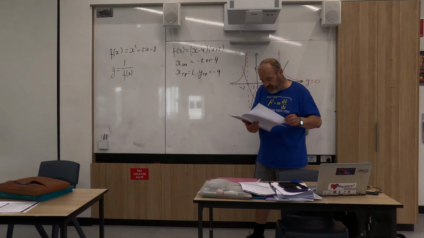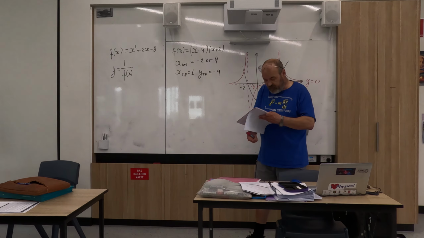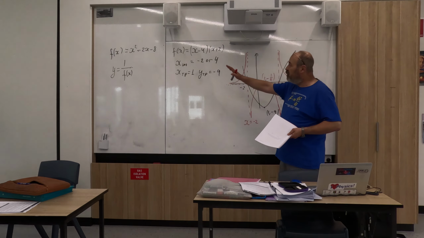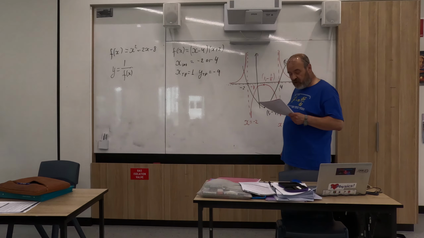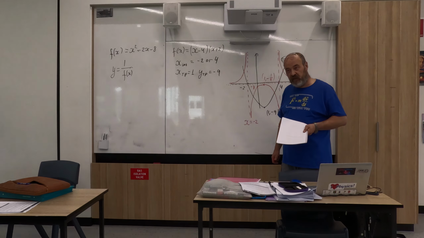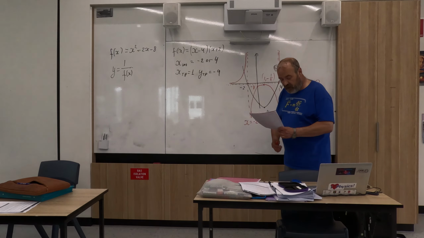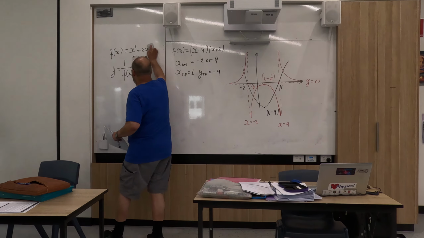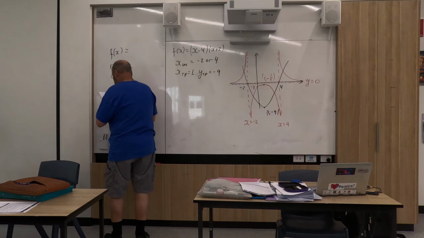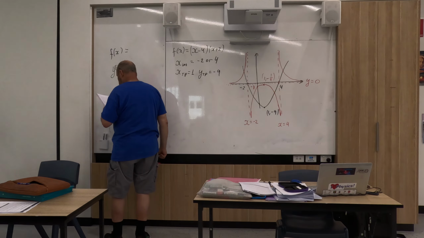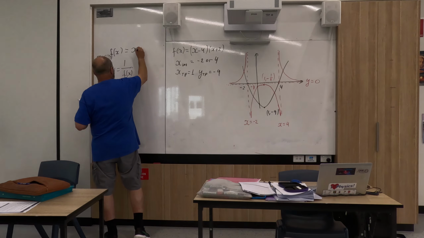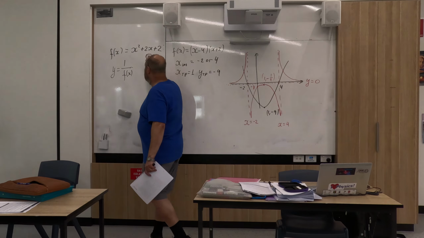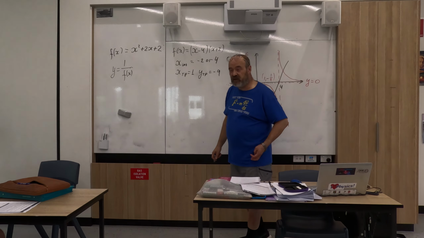And now another type. That's if we have a quadratic in the denominator which is factorable, which we could factorize. Now, what will happen if we have a non-factorable quadratic? If f(x), for example, equals, let's say, x squared plus 2x plus 2, and we need to sketch the graph of 1 over f(x).